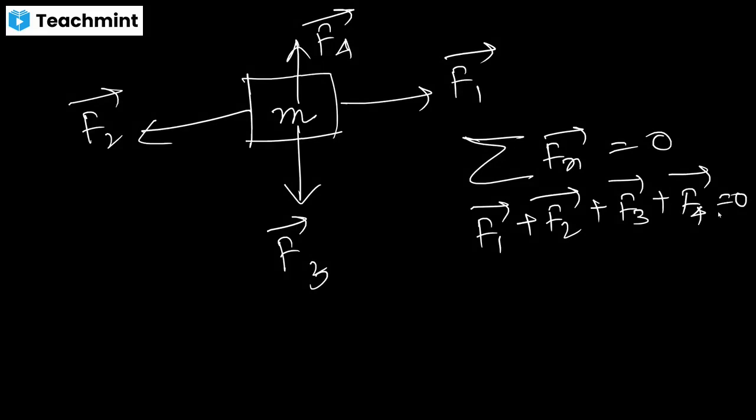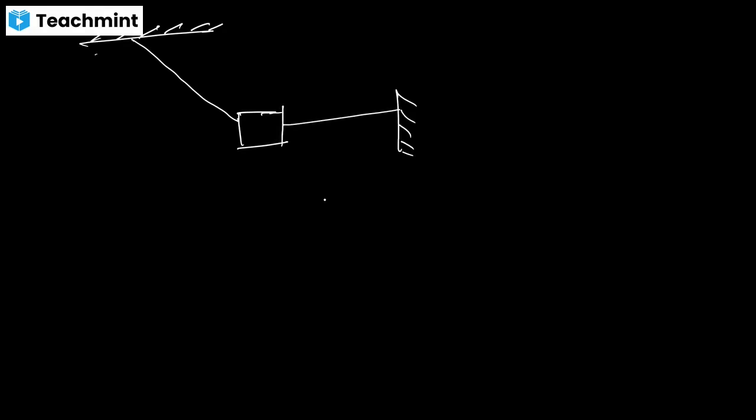Now, if it is given that you have to find the tension force, I'm giving you one smaller example. There is a fixed plane with respect to which the object is there, and the object is attached with another fixed plane.